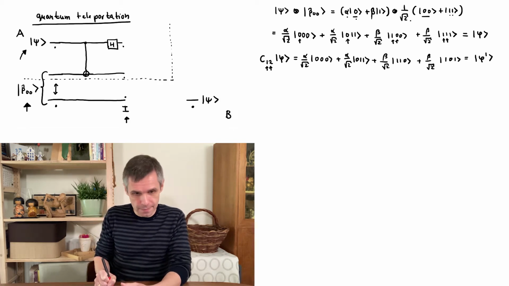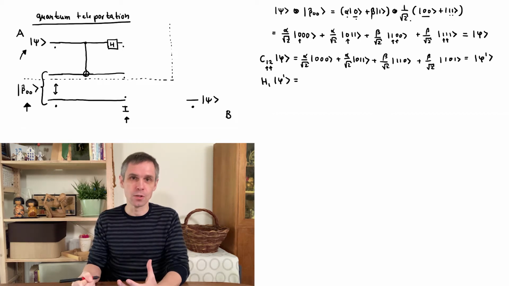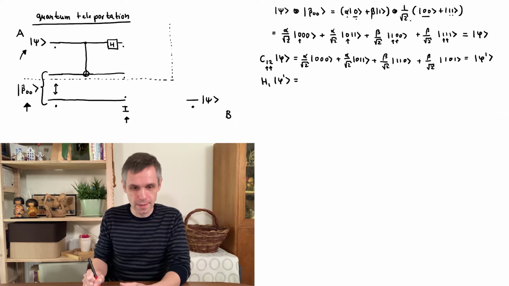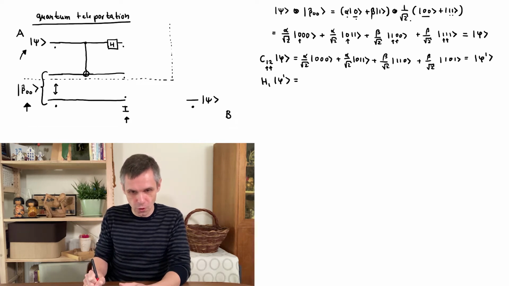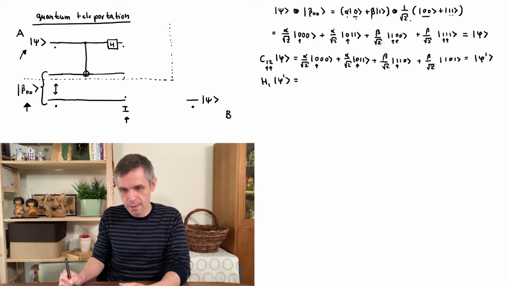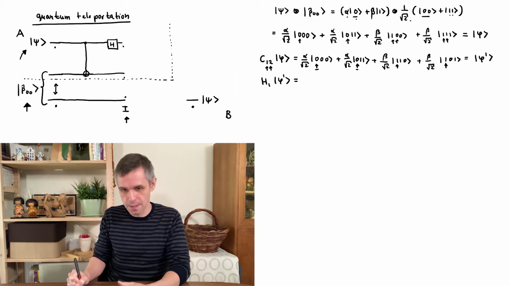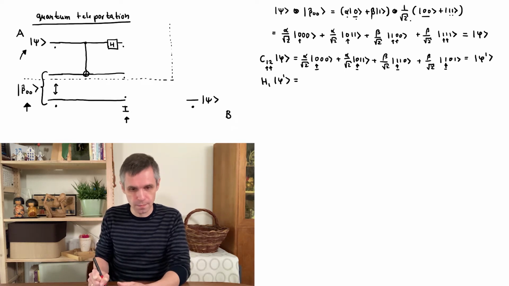Next we apply the Hadamard gate to the first quantum bit in this state. And this will now generate a superposition of all the computational basis states with very specific coefficients that we obtain when we just apply the Hadamard gate to this first quantum bit. And here we are just going to use the rule that in these two cases we will obtain the even superposition of the states 0 and 1 for this quantum bit, and in these two cases we obtain the odd superposition.